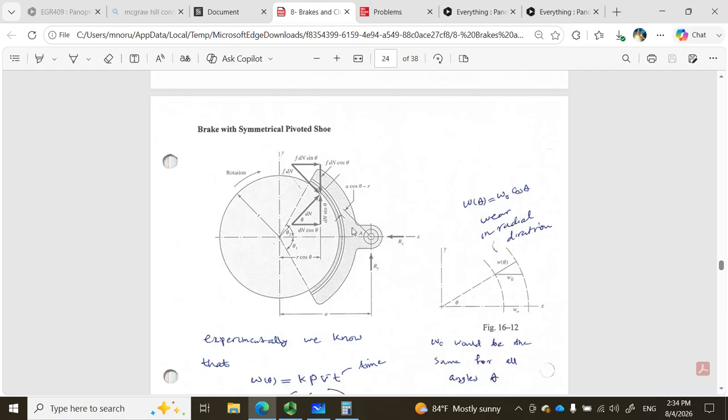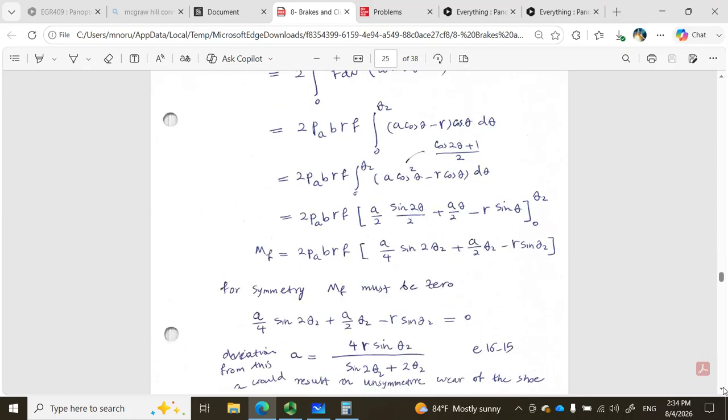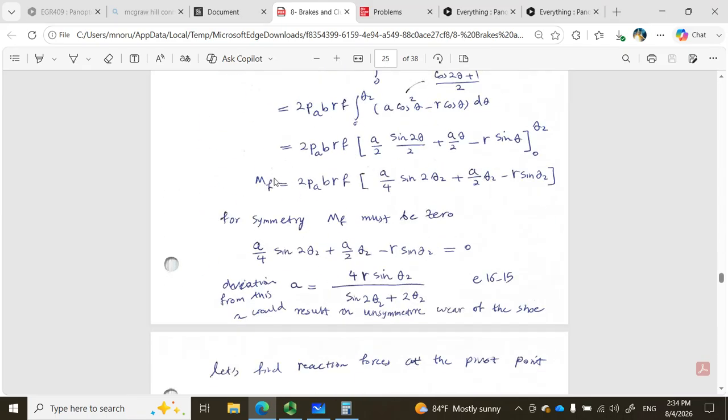Otherwise this arm is not going to stay symmetric. So the most important geometrical variable is this A. If A is picked right based on this equation, if you set this bracket equal to 0, you will find the magnitude of A such that the friction moment will be 0.